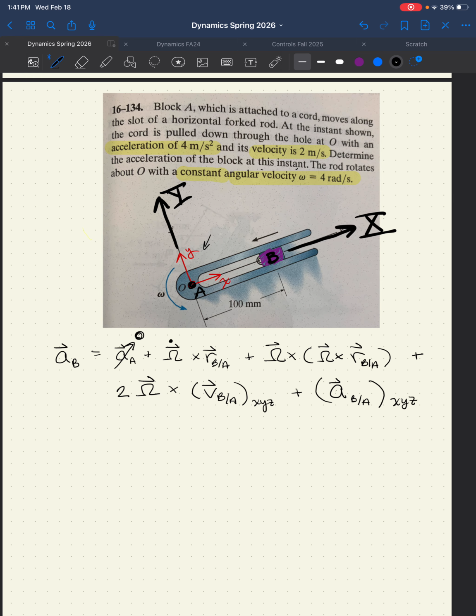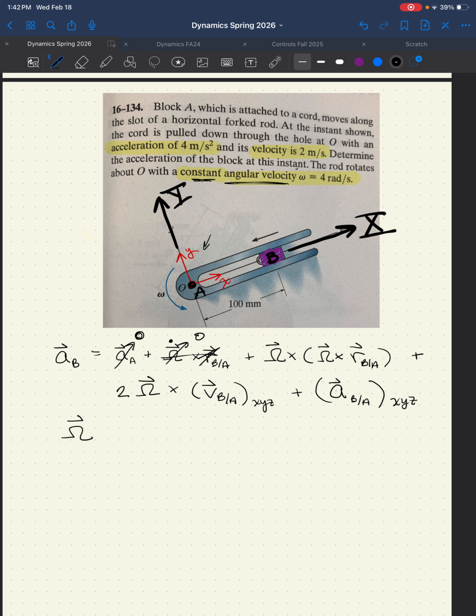What is my angular acceleration? Well, it tells me that I have a constant angular velocity. And when angular velocity is constant, it means that alpha is 0. So in fact, this also goes to 0. So that whole term gets crossed out too. Now, what is omega?